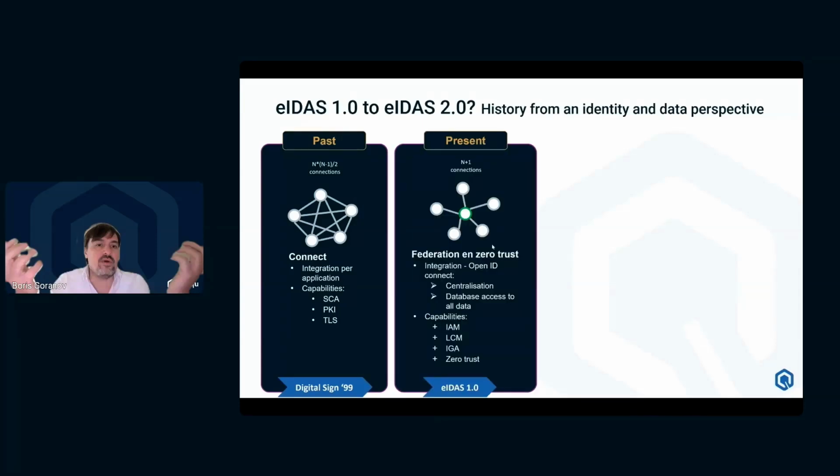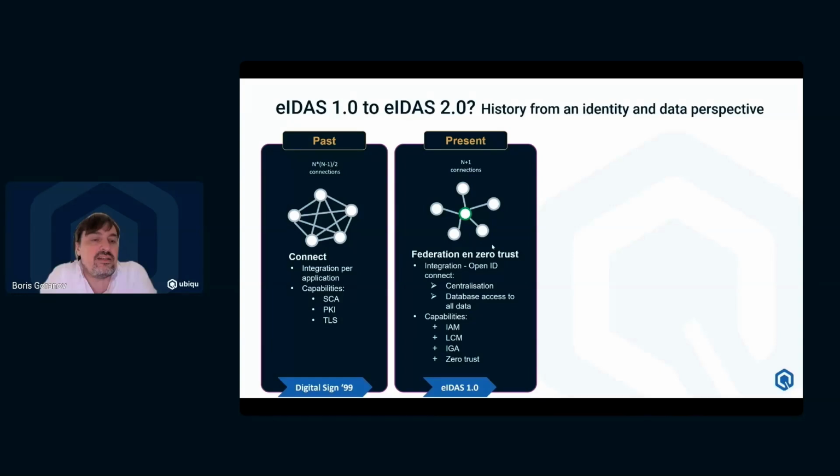Now, because of the spaghetti and the number of connections that are needed, we started to think as a society, as professionals, how can we solve this better? And what we started to do is centralization and federalization. If we have a central node that each connection connects to, that means I don't have to make each connection between all the nodes, but I can have a single centralized federated connection.